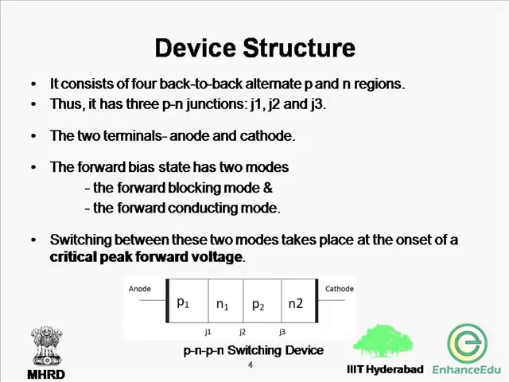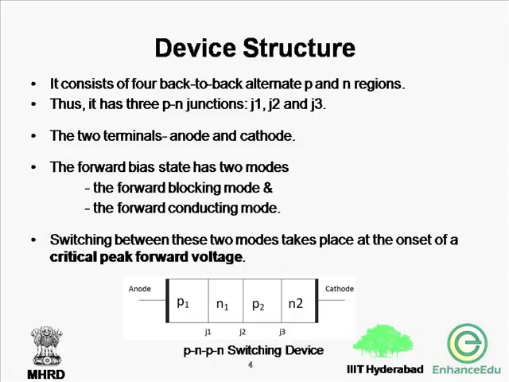The basic PNPN device looks like the one shown in the figure. It consists of four back-to-back alternate P and N regions. It has three PN junctions, which are known as J1, J2 and J3 junctions. The two terminals are known as the anode and the cathode according to the region they are connected to.